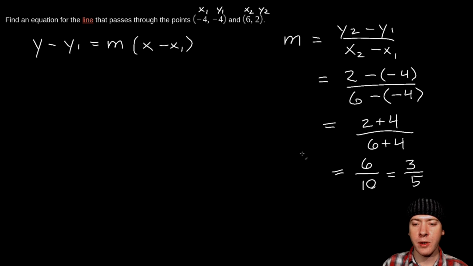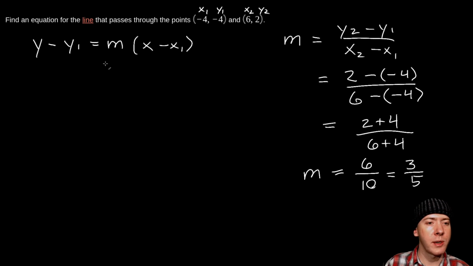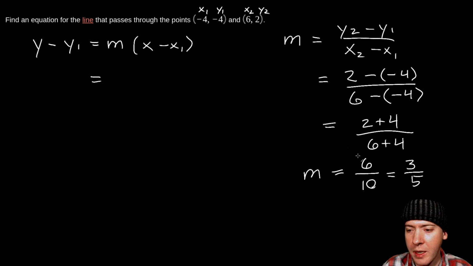Okay, so that is our m, which is going to go right here. The only other thing we need to plug into this formula is x1 and y1. So we could use either one of those points, but for consistency, I'm going to use this first point. So right here where the m is, I'm going to replace that by the 3/5 down here.